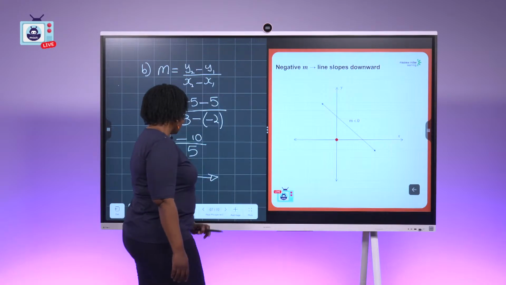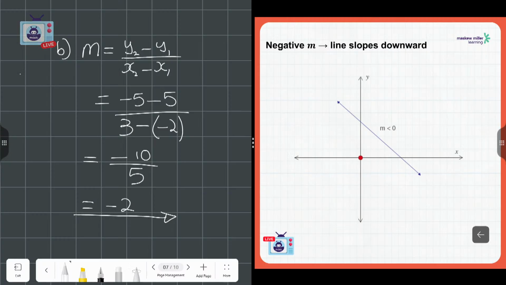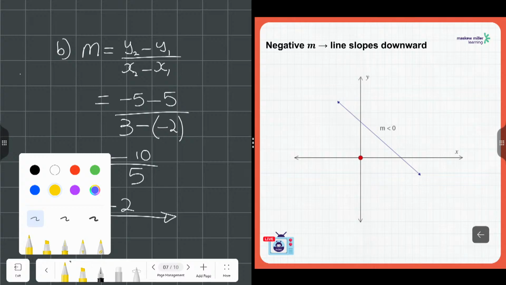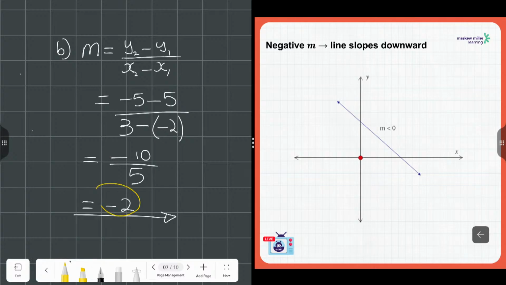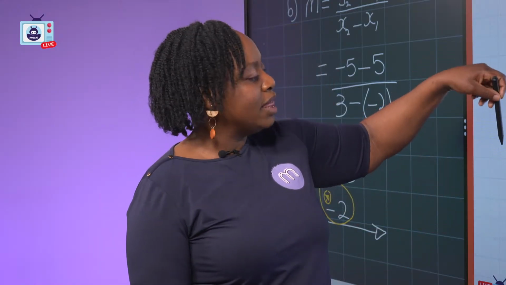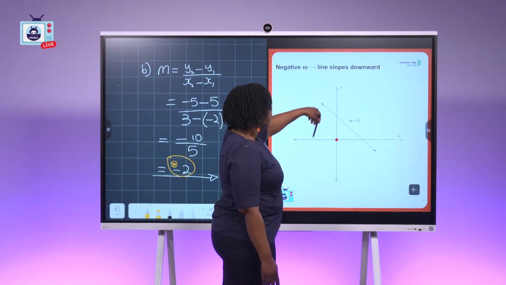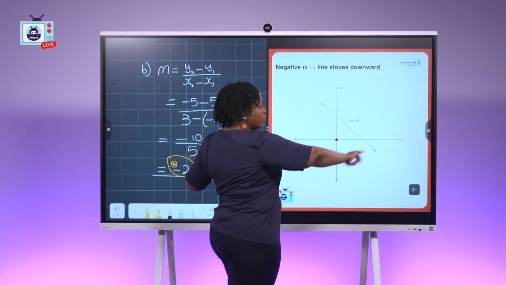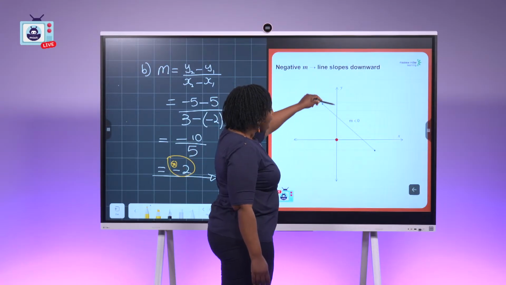Then when you go to the second one, you would see that our answer was -2. So the fact that we have a negative, if you do it in real life, when you're going up the stairs, you're positively going up. But when you come down, you are negatively coming down. So that's what is happening here. When the value of x is increasing, going from the negative to the positive, the value of y is going down.